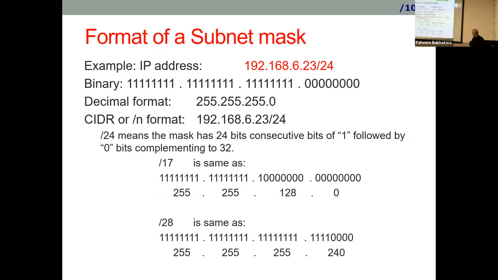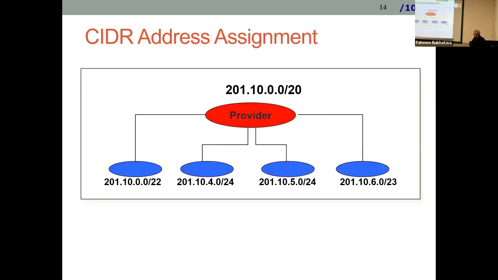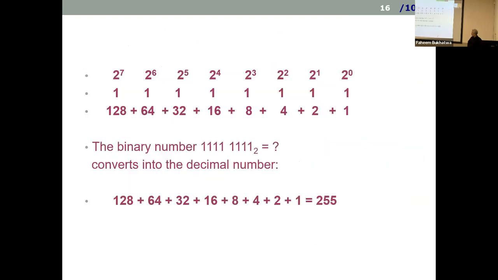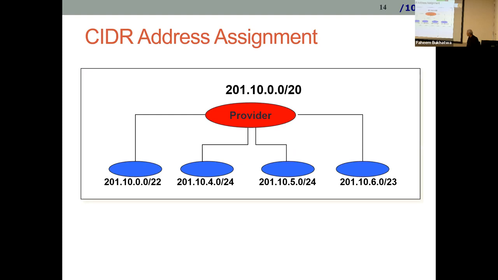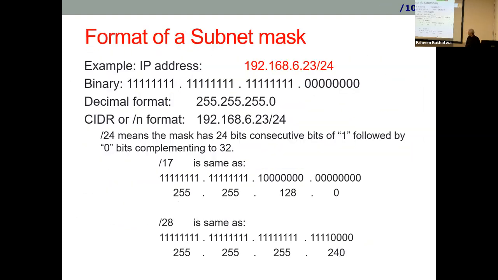But when a router wants to find out what's the network mask, all you have to do is take the address, whatever address. Let's say this address here. This is a host address, a machine address on some network. I say, what network is it on?